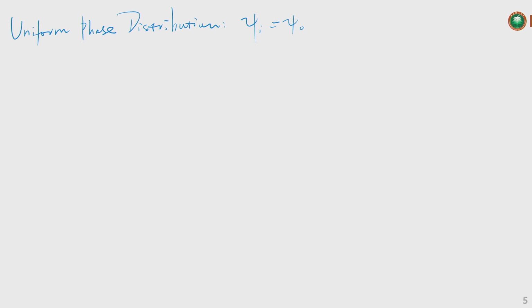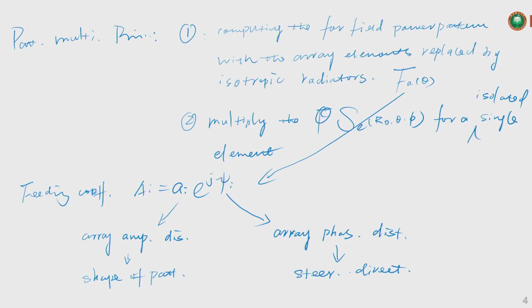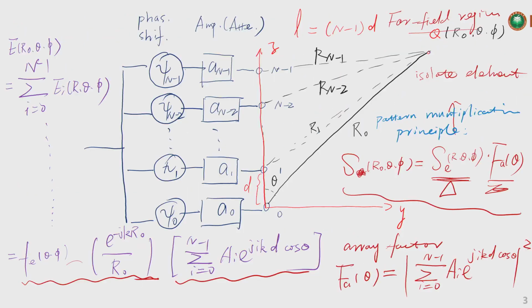Then, as we know, the array factor previously equals this one, with a_i equal to |a_i| e^{jψ_0}, all right?